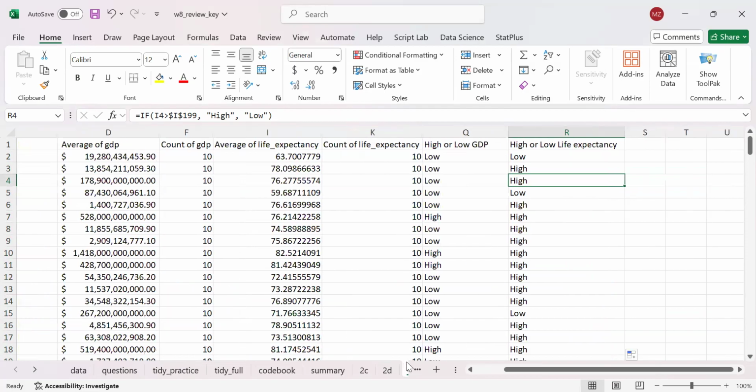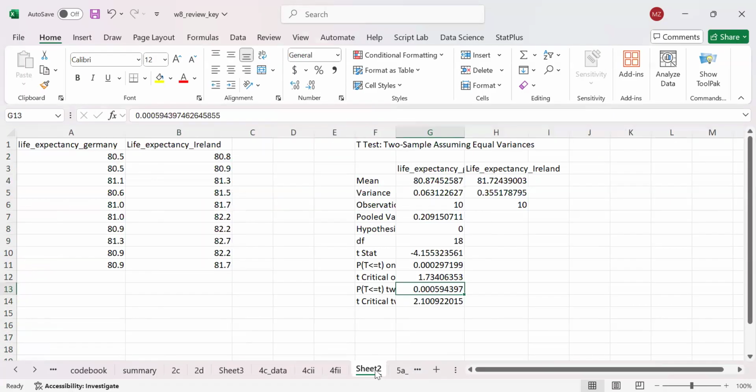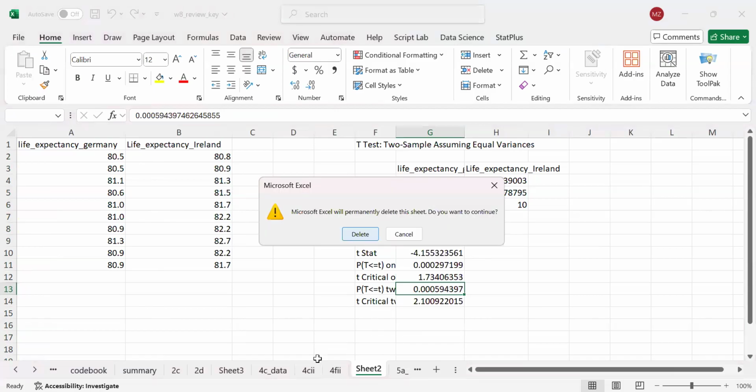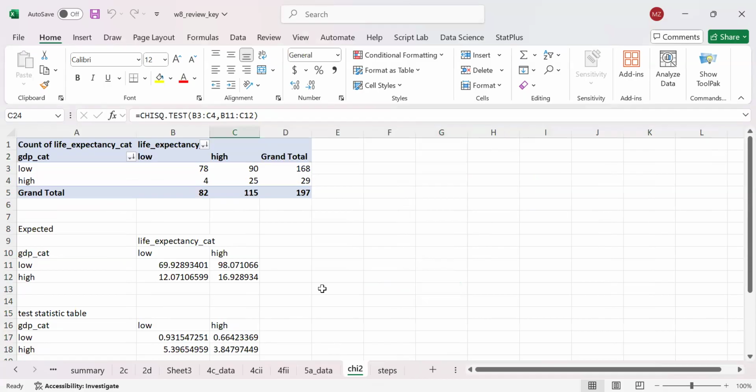There's also a sheet here created for those. So we have these two categorical variables, and then you want to create this low and high pivot table where you have one variable as column and one variable as row.